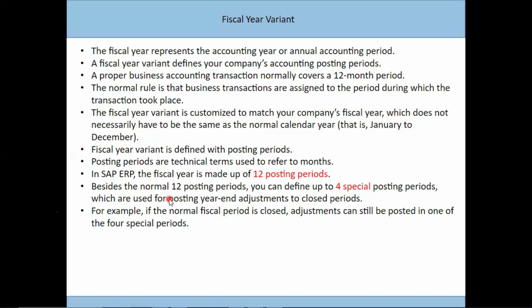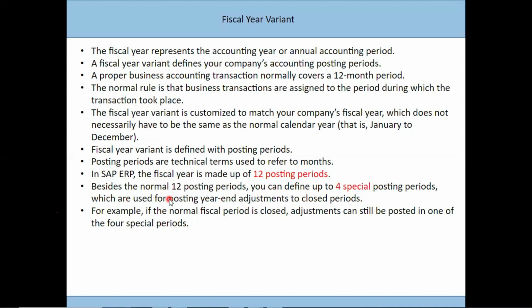Okay. So besides the normal 12 posting periods, you can define up to 4 special posting periods, which are used for posting year-end adjustments to close periods, right? So remember, in SAP we have 16 periods. As far as the calendar is concerned, we have only 12 periods.